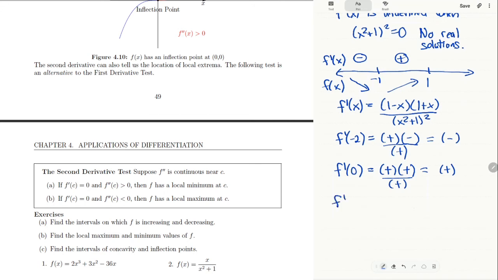Lastly, if we choose a number greater than 1, for example, 2, and substitute 2 into the first derivative, we have 1 minus 2, which is a negative number, times 1 plus 2, which is a positive number, divided by a positive number. This will end up being a negative number. And so the function will be decreasing from positive 1 to infinity.